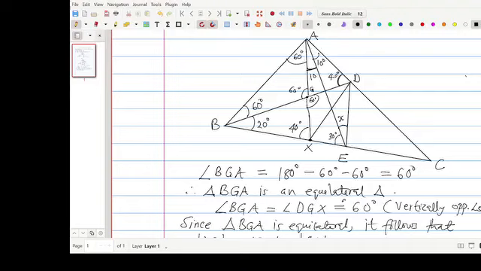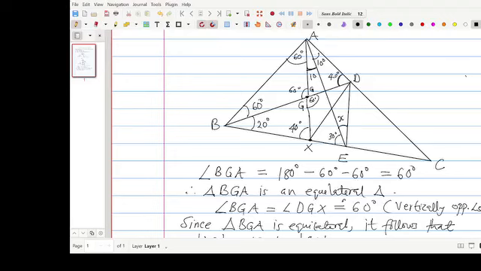Now, what we want to do, we want to consider the triangle BGX. Don't forget that this point is G. Let me put the G here so that it will not be confusing. This point is G, all right? Now I want to consider two triangles, BGX, that is BGX. Can you see that? And AGD.